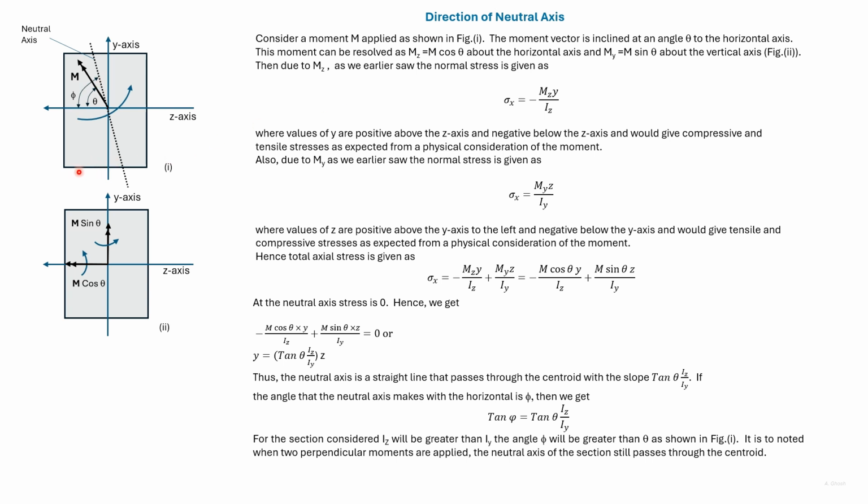We notice that for this case, where only a moment is acting, though it is not about any principal centroidal axis, the neutral axis passes through the centroid. But as we had earlier seen, if there's a force acting on the centroid, then the neutral axis will not pass through the centroid.